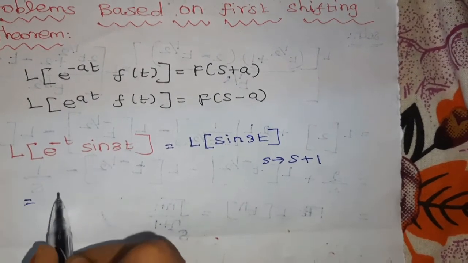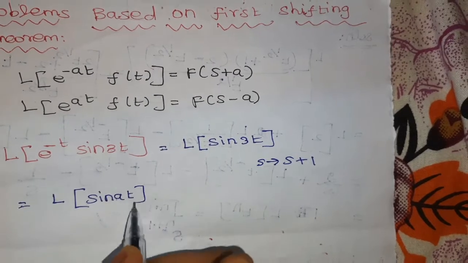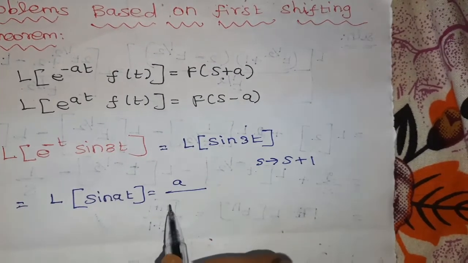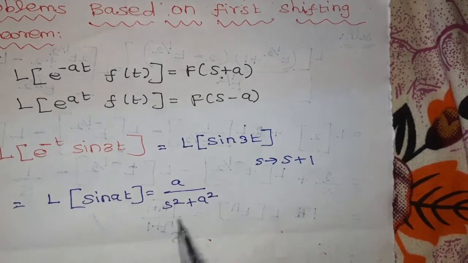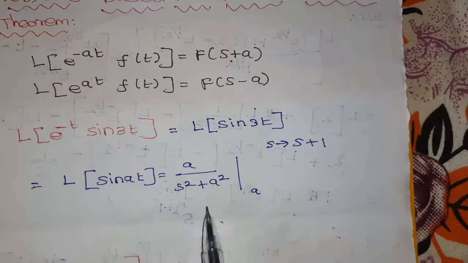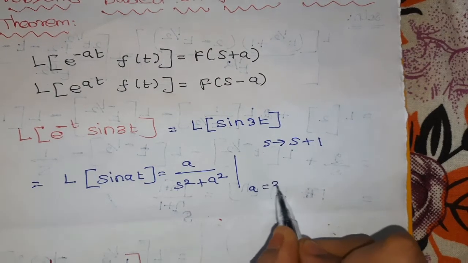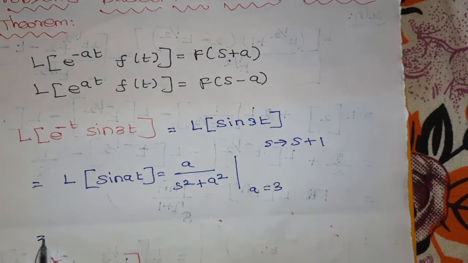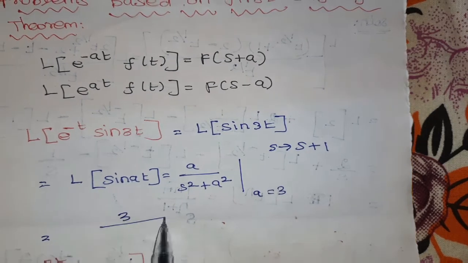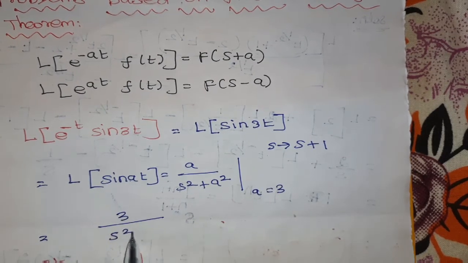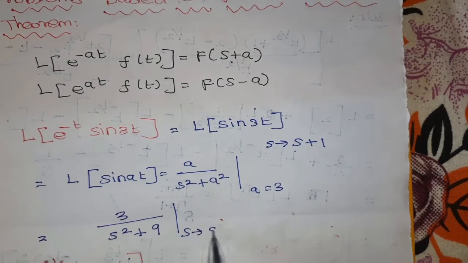We know that Laplace transform of sin at is equal to a divided by s squared plus a squared. Here a is equal to 3, so apply this formula: 3 divided by s squared plus 3 squared, we get 9, at s is equal to s plus 1.